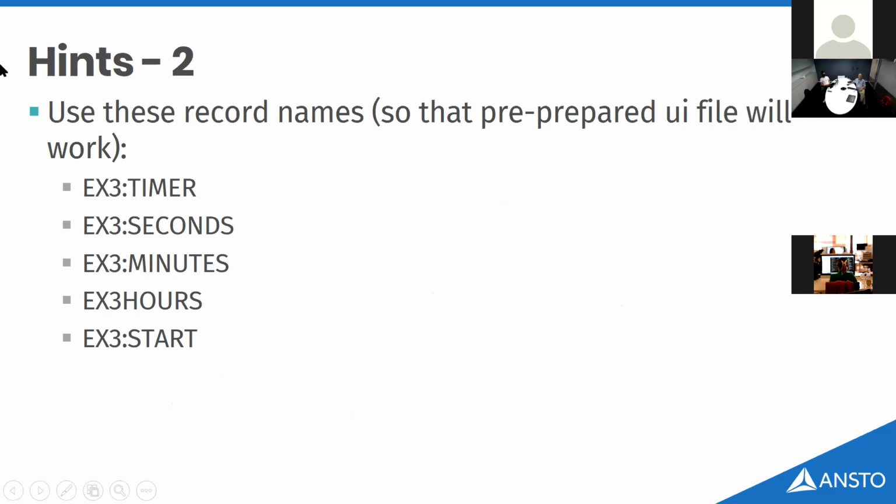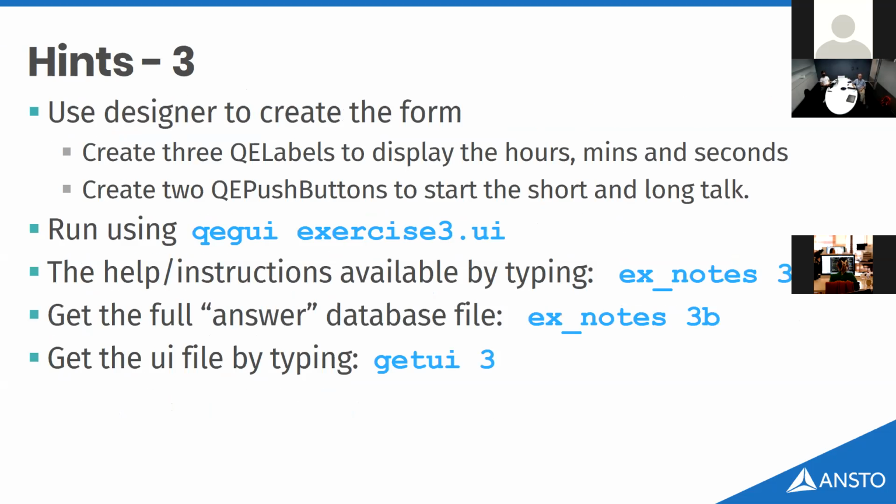Hint 2, to use the pre-prepared UI file, do use these names for your records. I think they're in the hint file, and I can bring these slides up as you go through the exercise. And hint 3, well, you're not going to design the form, so we'll skip that. But you can use get UI3 to get the exercise 3 UI file and use QGUI to run it.